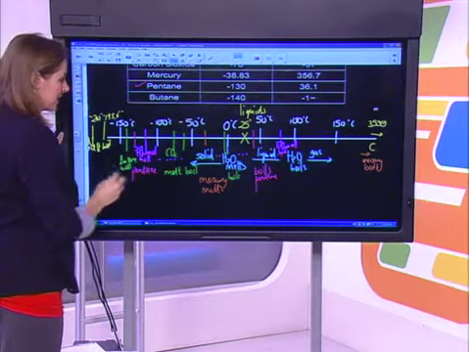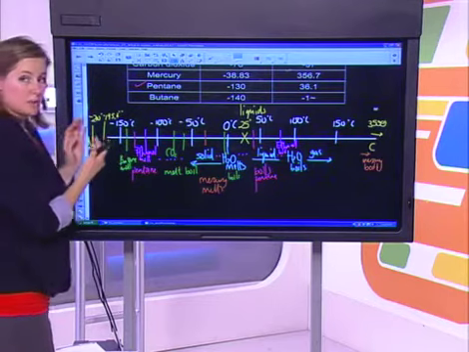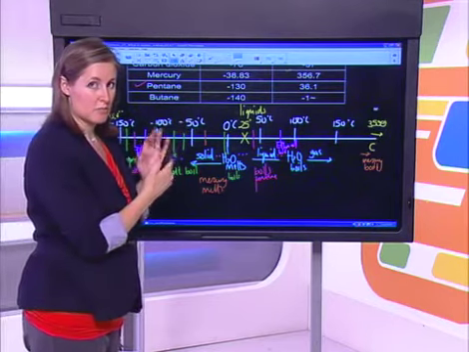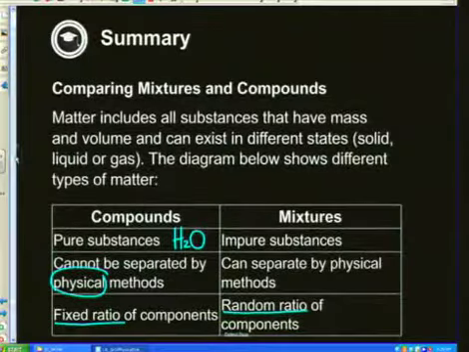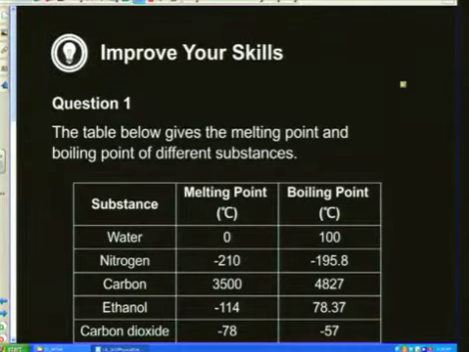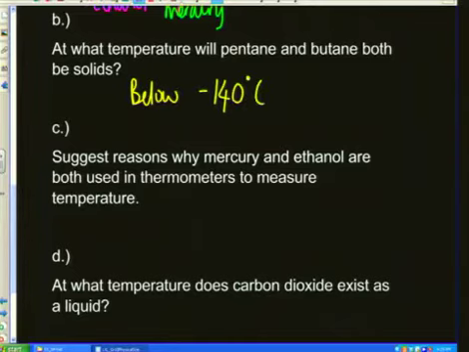Butane melts at minus 140. So anything below minus 140, they will still be solids, both of them. At what temperature will they both be solids? Below minus 140 degrees Celsius.